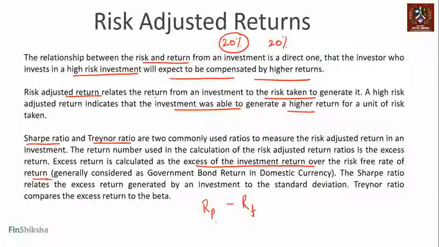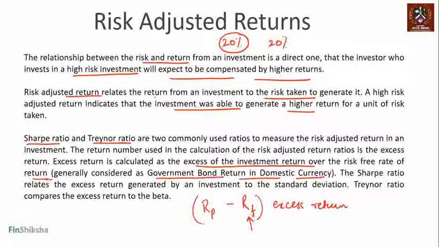That's the return for which you should have taken risk. You will make the risk-free rate of return without taking any risk, and typically the risk-free return is the government bond return in the local, domestic currency. Now you will compare this to the amount of risk taken.